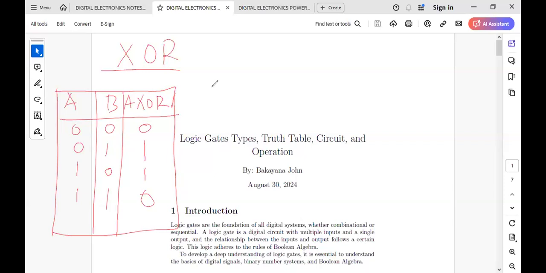You see that? Outputs a 0 for as long as what?